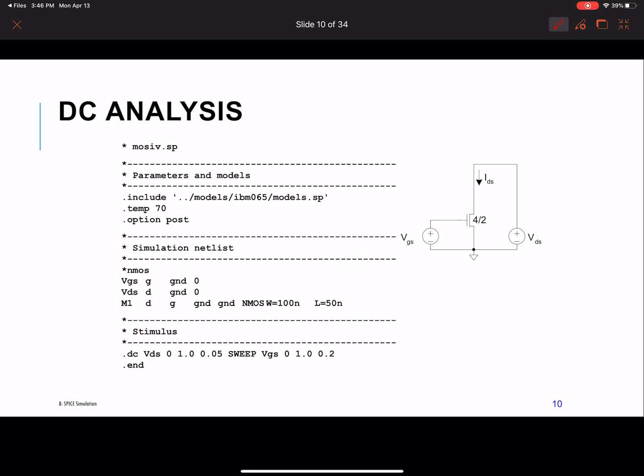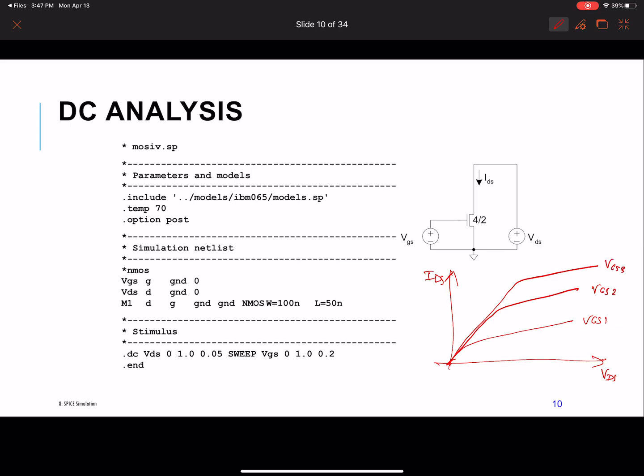Okay, here's another deck that's for DC analysis, and this is to basically get our IV curves. So it's probably going to have VDS versus IDS for different VGSs: VGS1, VGS2, VGS3.